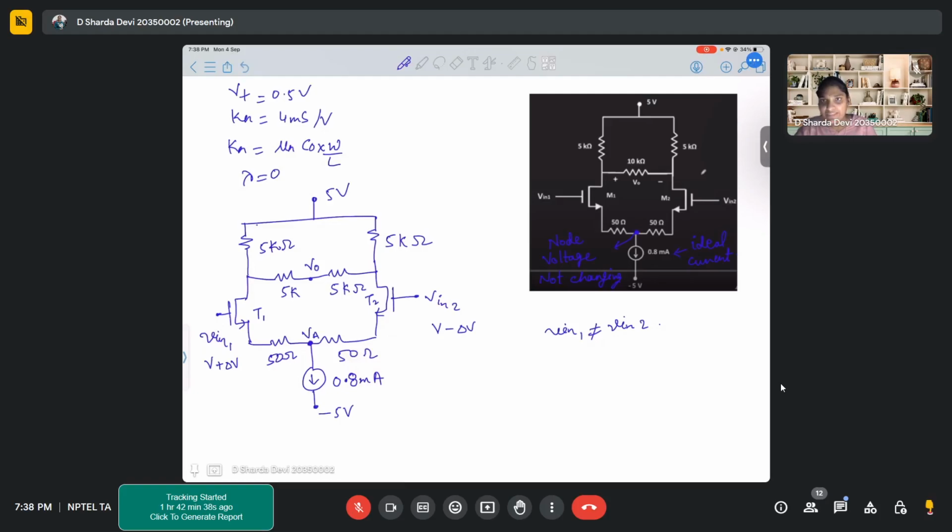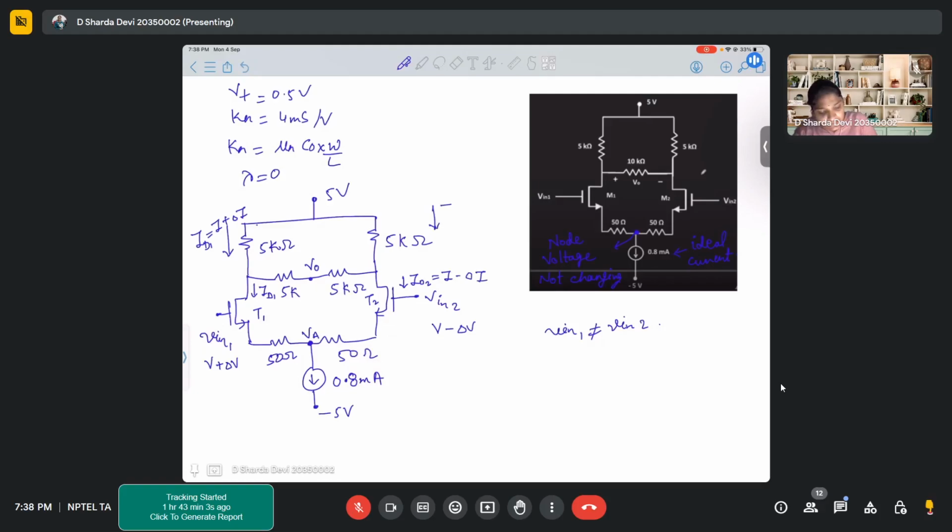Can you observe that? For transistor T1, your VGS has increased. So if your VGS has increased, it will increase your current ID1, which is I plus delta I. And similarly, here your current ID2 has reduced, so it will be I minus delta I.